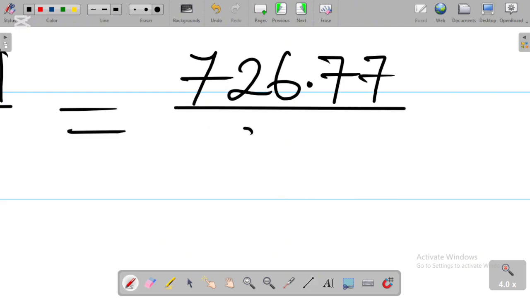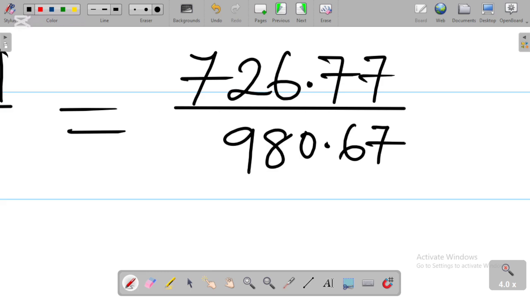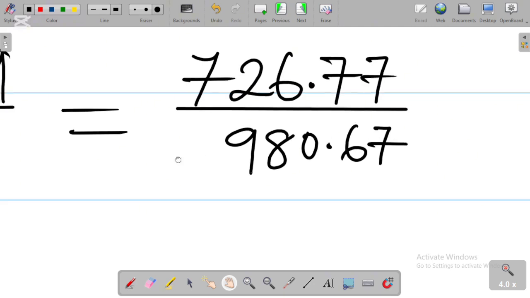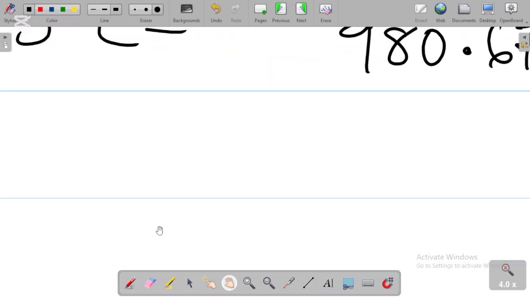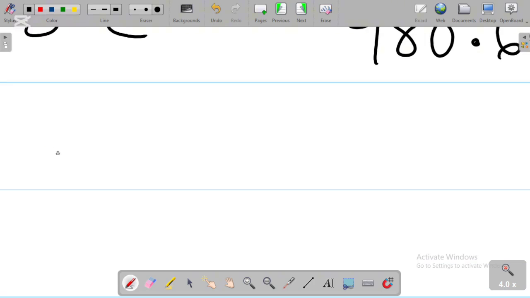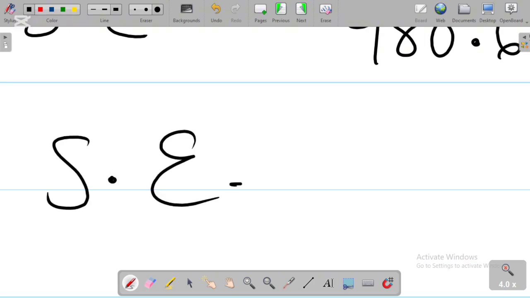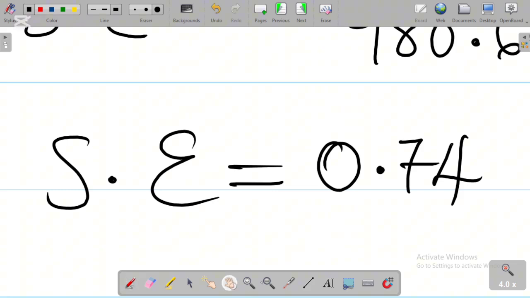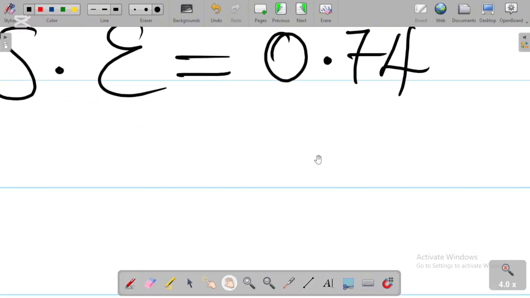All divided by 980.67. So if you divide 726.77 by 980.67, it would give you standard error equal to 0.74. So that's the value of standard error.